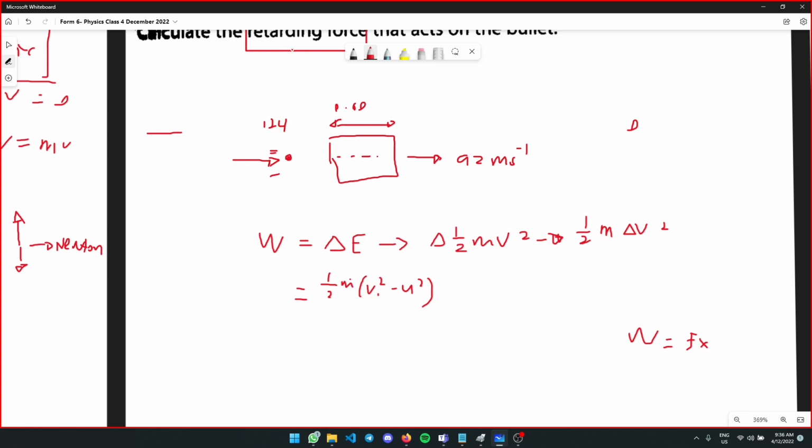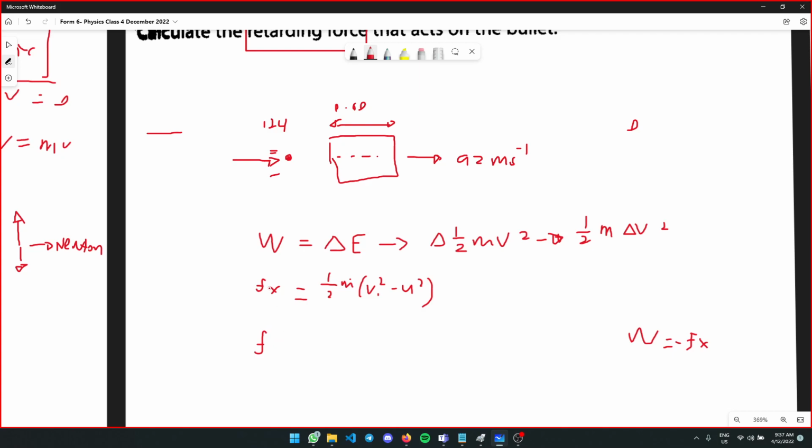Since they only say retarding force, it's already negative, so we do not need to mention negative. Retarding force already means it's a negative force, slowing something down. So you can just use capital F times x.